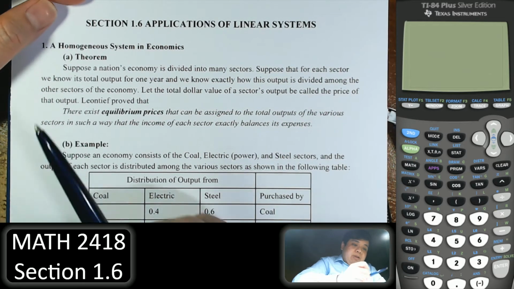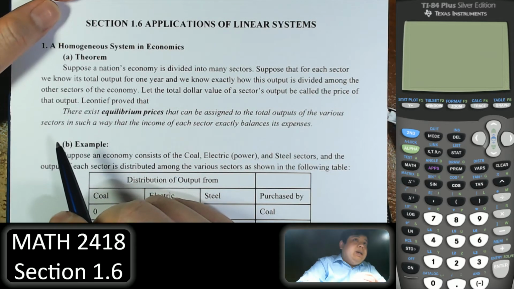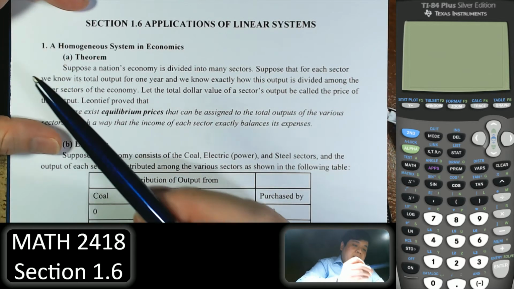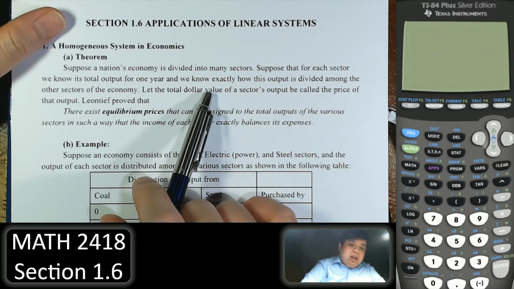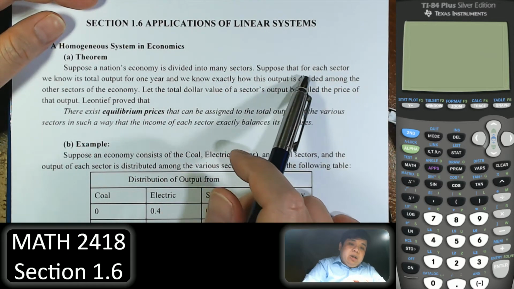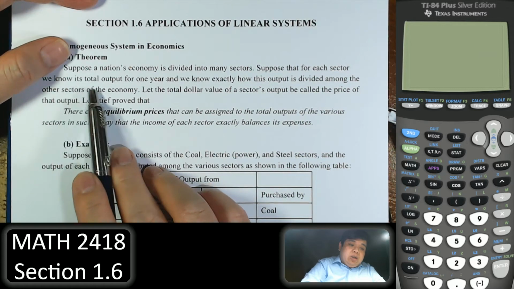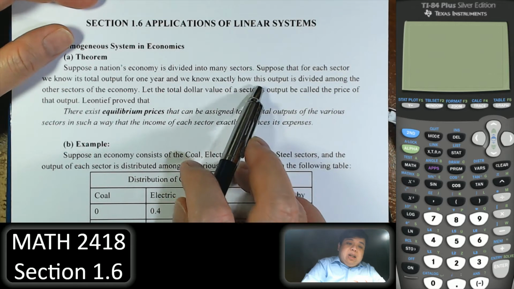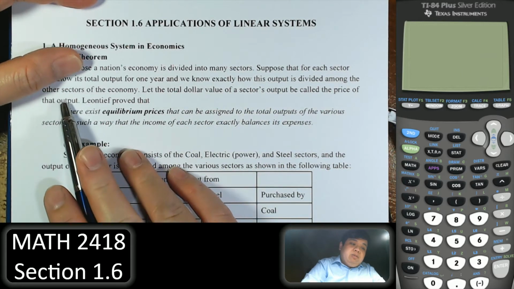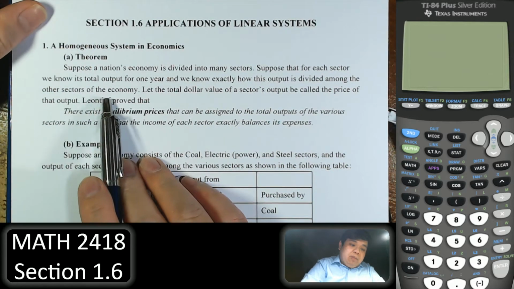So first we have the homogeneous system in economics. Suppose a nation's economy is divided into many sectors, and suppose that for each sector we know the total output for 1 year, and we know exactly how this output is divided among the other sectors of the economy.